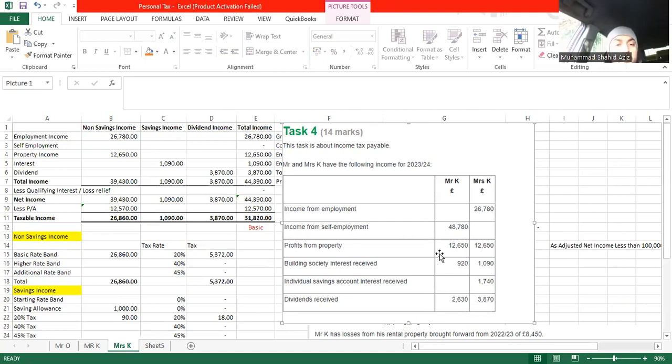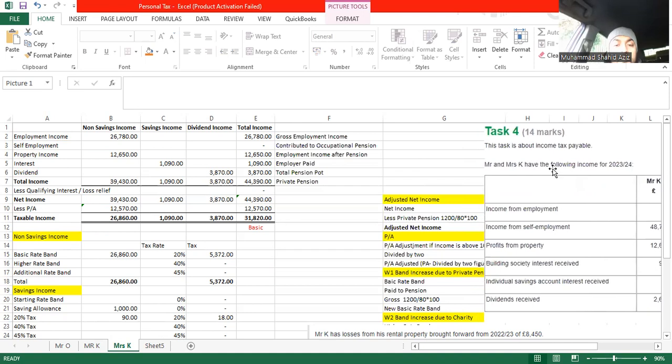Income from property is 12,650, and building society interest is 1,090. Individual savings account interest received is exempt. Remember, ISA income we should not include in our calculation. Dividend received is 3,870.